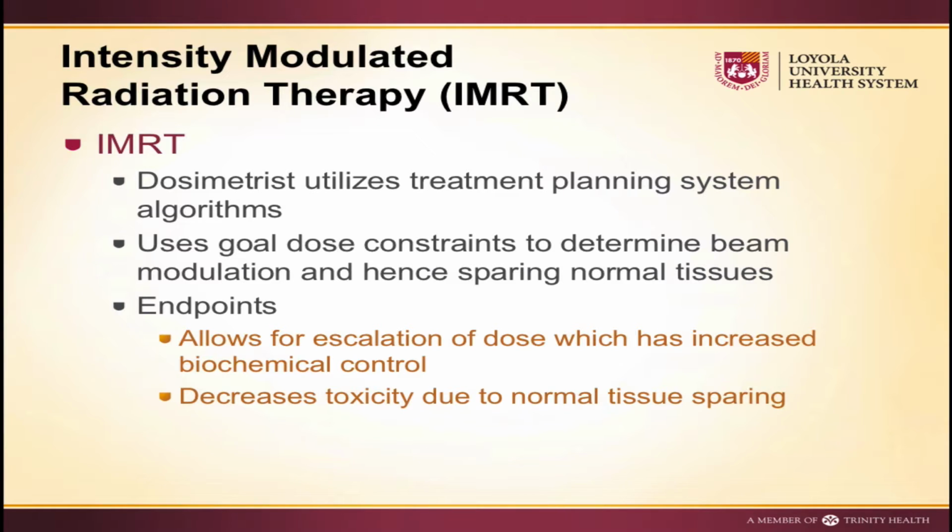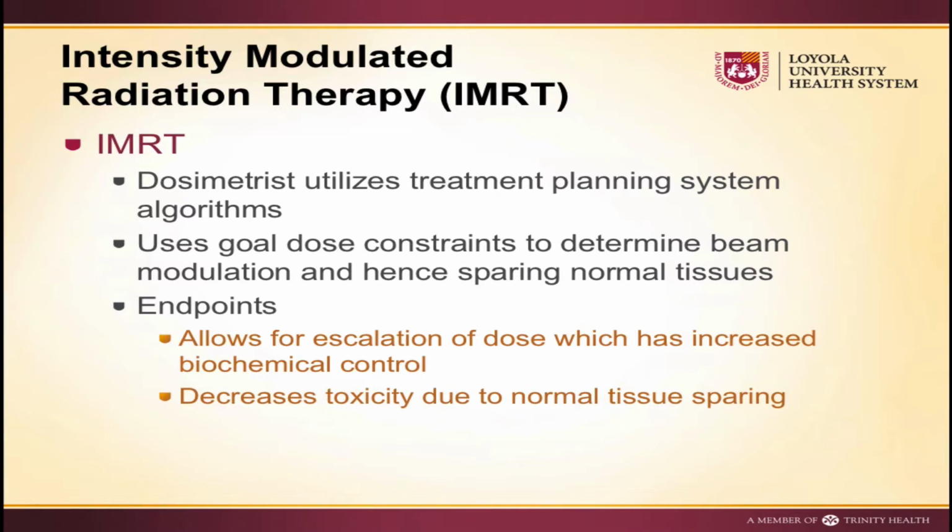So there's a dosimetrist who works on the treatment plan, has an algorithm in the computer to try to meet all of the goals, meaning keeping the bladder and rectum dose to certain acceptable levels while maximizing the dose to the prostate, seminal vesicles, pelvic lymph nodes, whatever our target is.